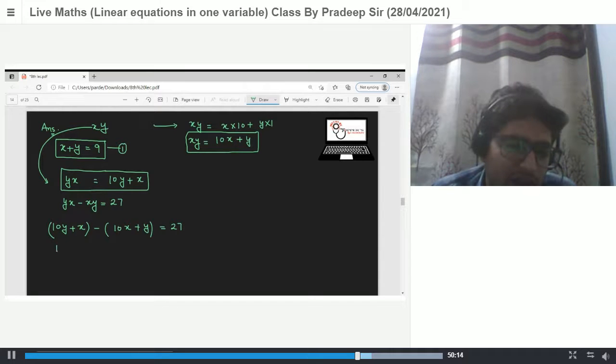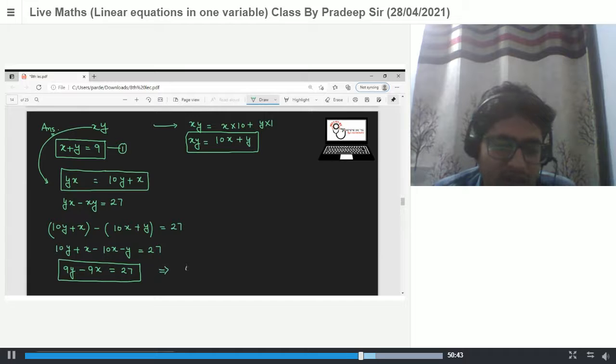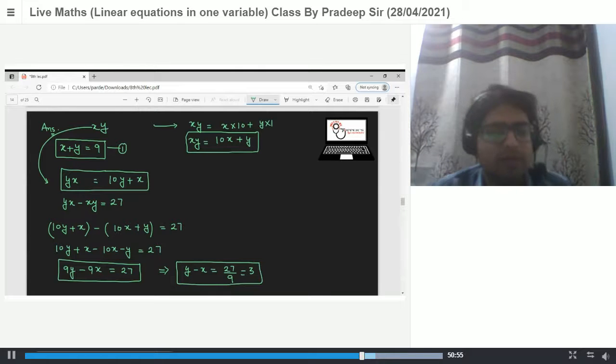You will get 10y plus x minus 10x equals 27. 10y minus y is 9y, and x minus 10x is minus 9x, equal to 27. So it means y minus x is 27 by 9, which is equal to 3. Any doubt now?